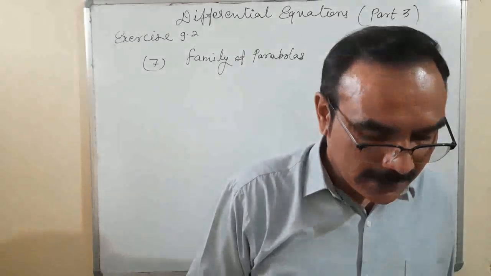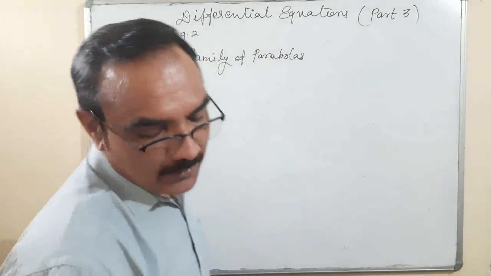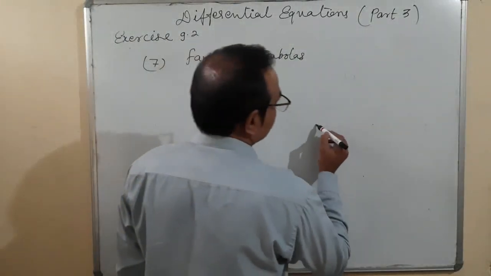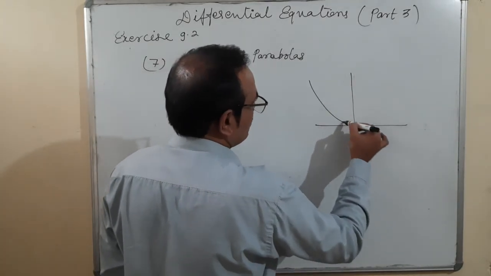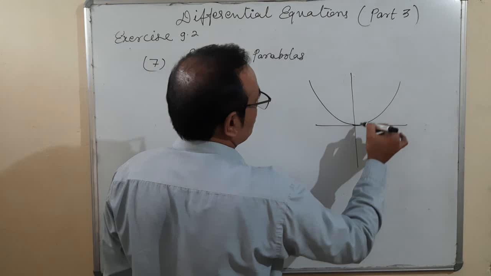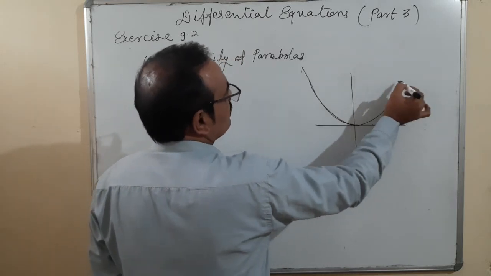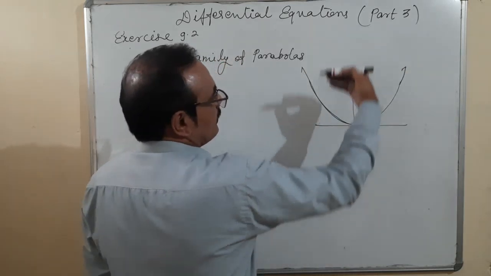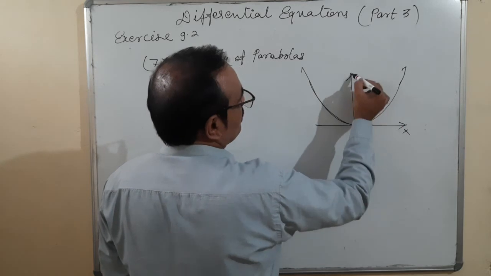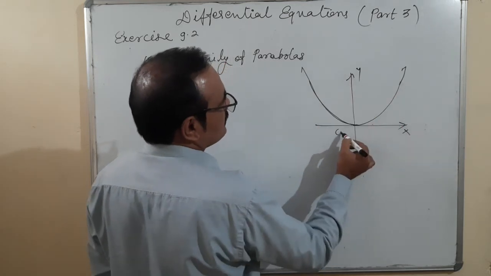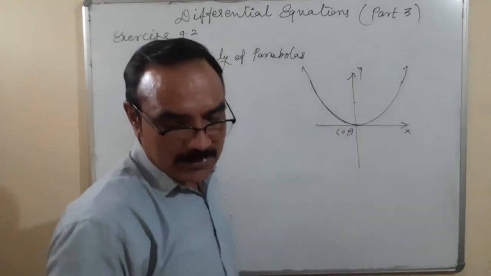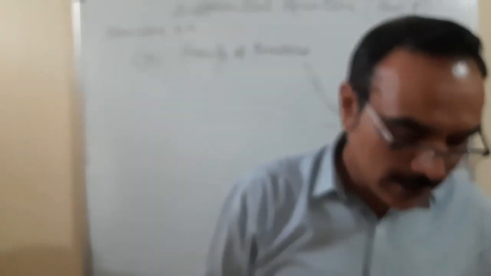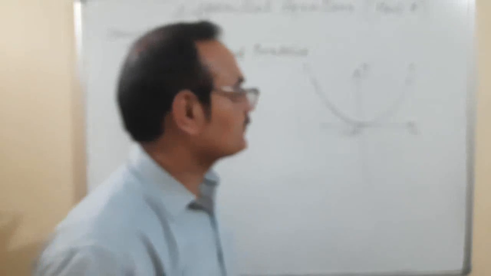Vertex at origin and the axis along the positive y-axis. Like this is a parabola, and vertex and focus on the positive side, it is clearly mentioned, along the positive y-axis.